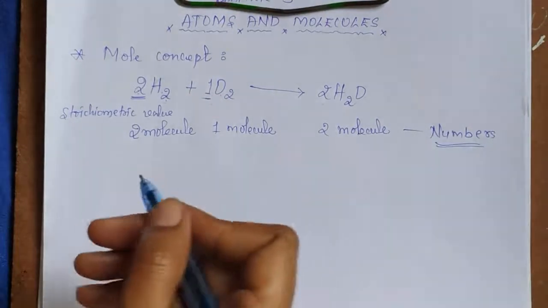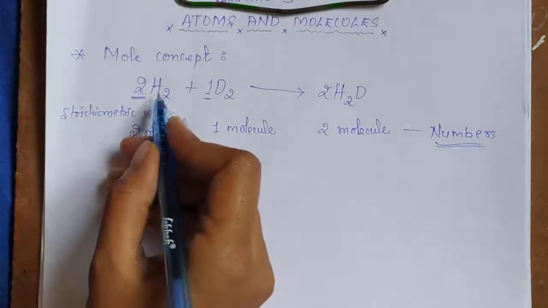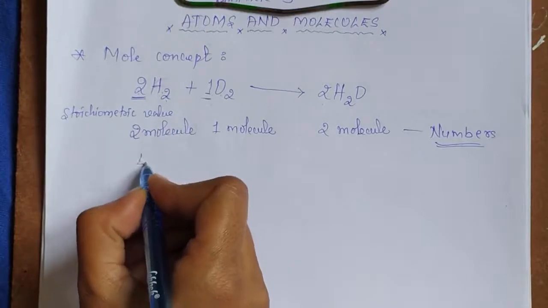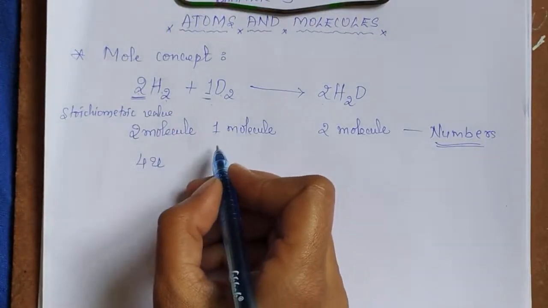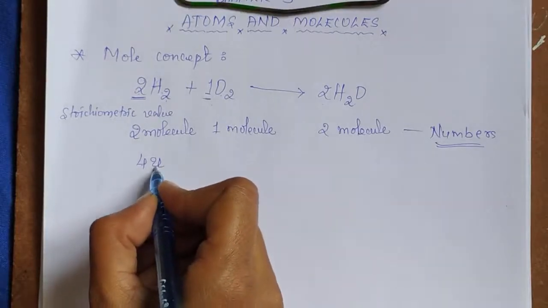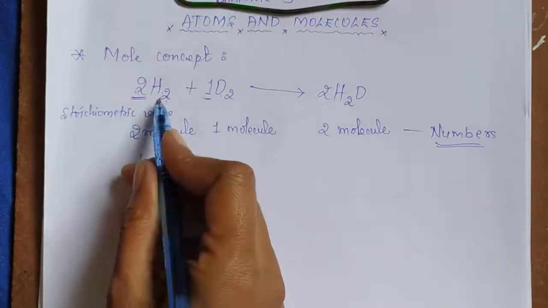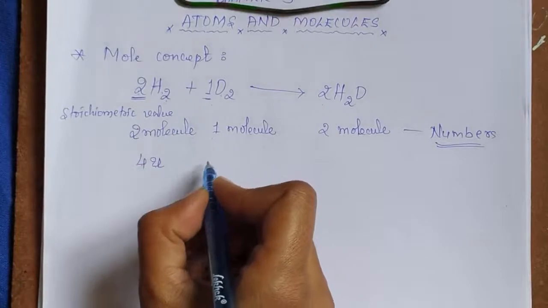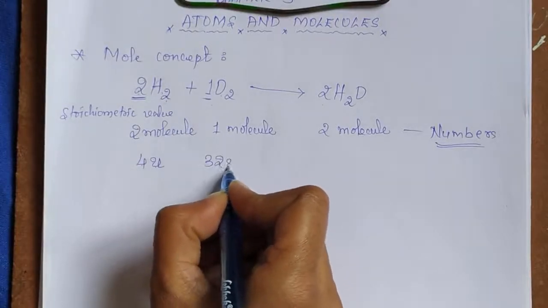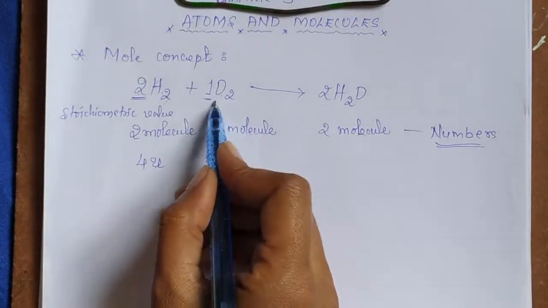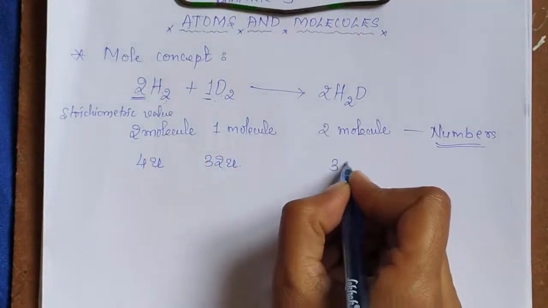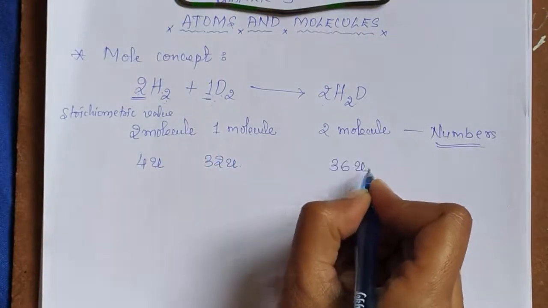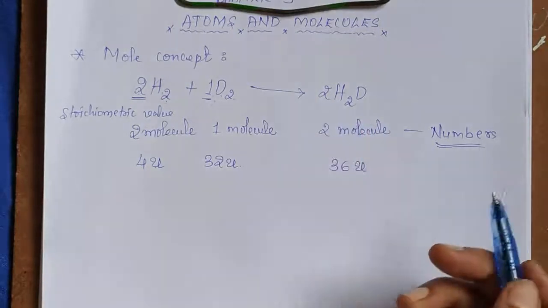Next we will see that 4 atomic mass units of hydrogen molecule combine with 32 atomic mass units of oxygen molecule to form 36 atomic mass units of water molecule.